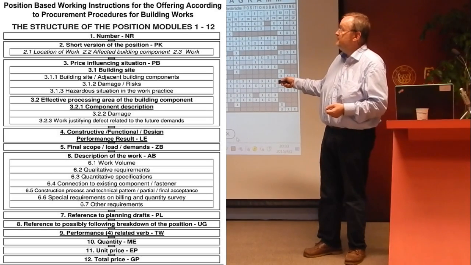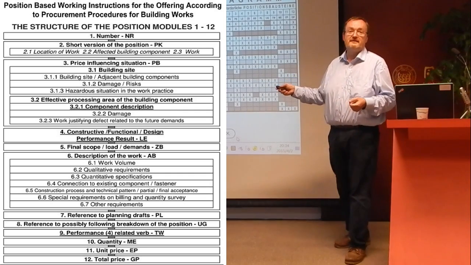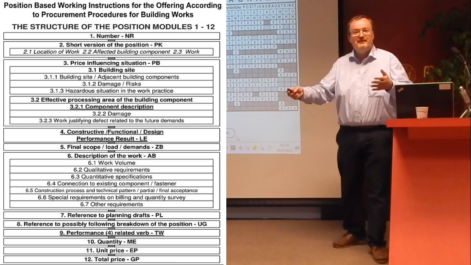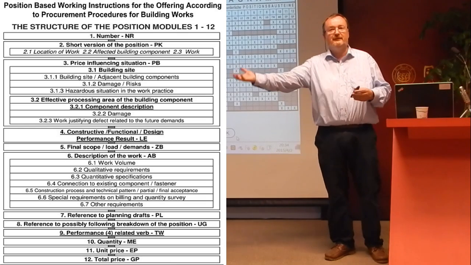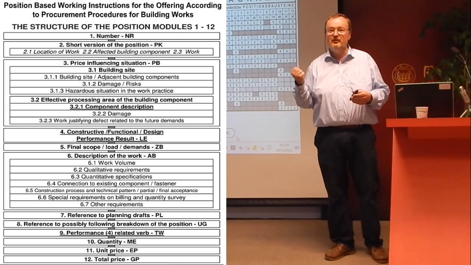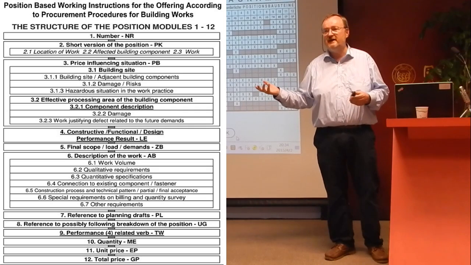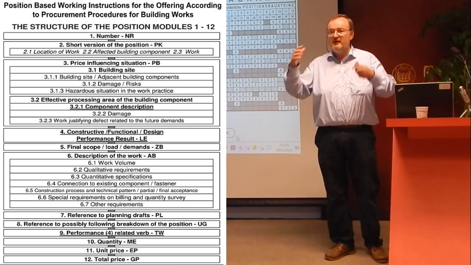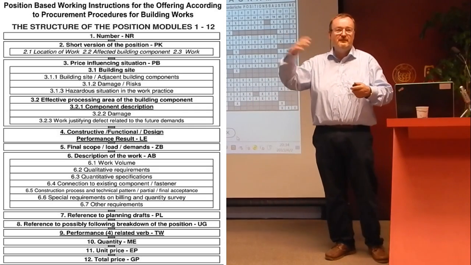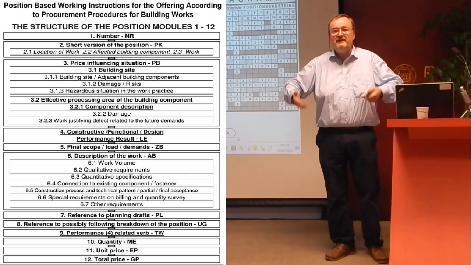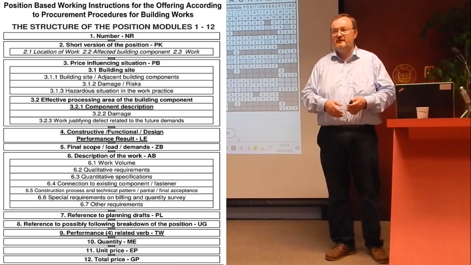It's a position-based working instruction for the offering. We must describe the whole work and then we get offers from the firms. That's a normal situation. I think also in China, I suppose. You have a planning and the firms will offer how much money they will get for the work.